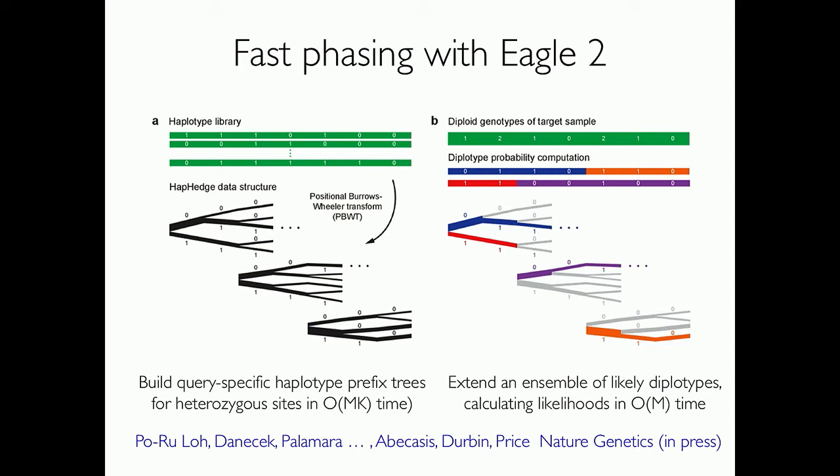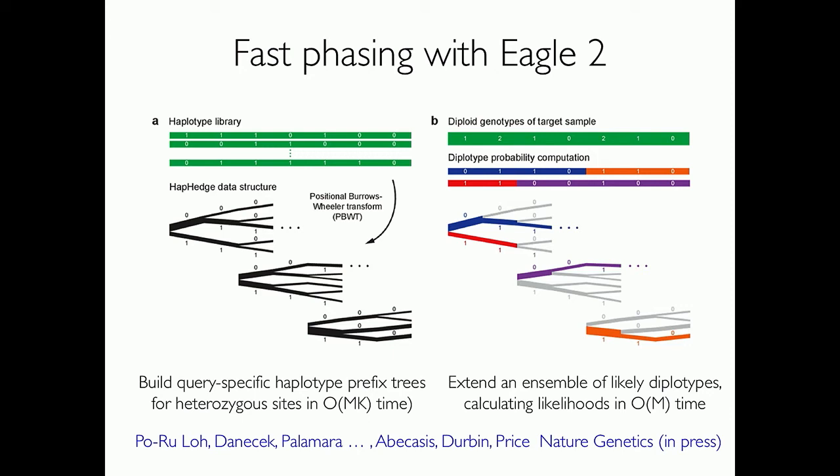So what Poru does is use the Burrows-Wheeler transform to build a whole set of little trees of possible haplotype extensions. These are like the trees that you get in Beagle that it uses for representing things. And it builds one at each het position, actually, for a sample. And because the data structure is all pre-sorted, that's a very fast thing to do. It's, in fact, linear time to build this set of structures.